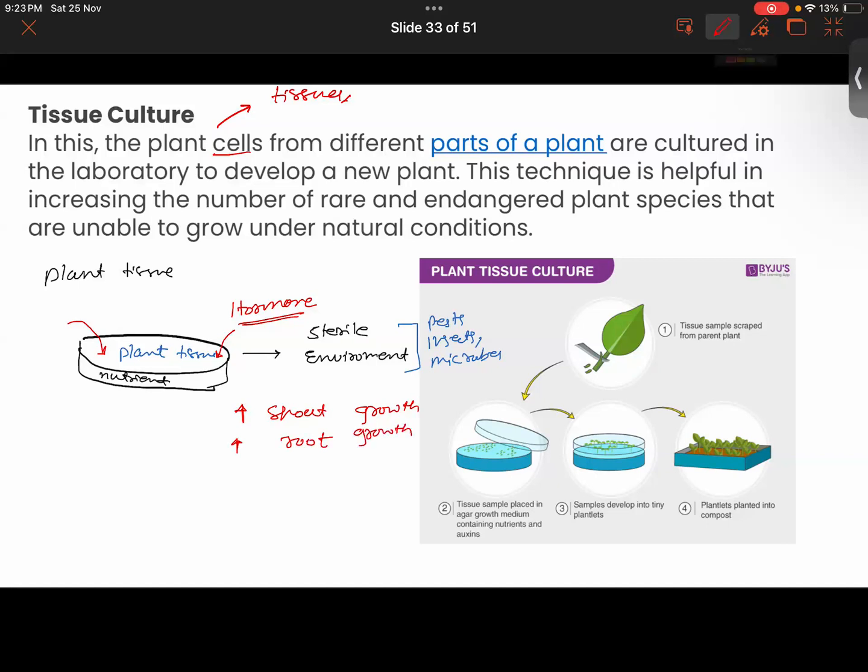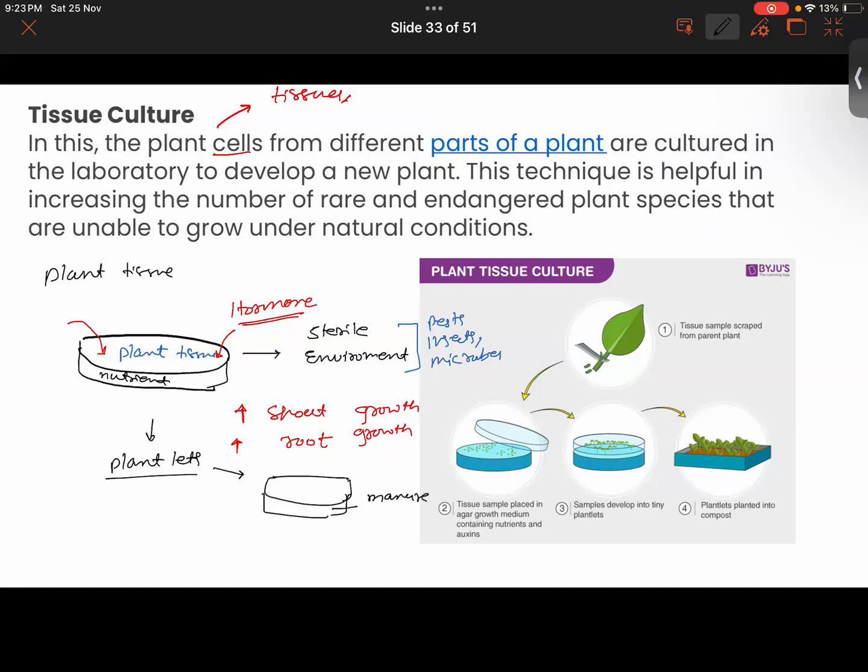Now after some time it will grow into tiny plantlets. Is plantlets clear to you? Tiny plants are called plantlets, right? After some time, I will shift those plantlets into a medium that consists of manure.